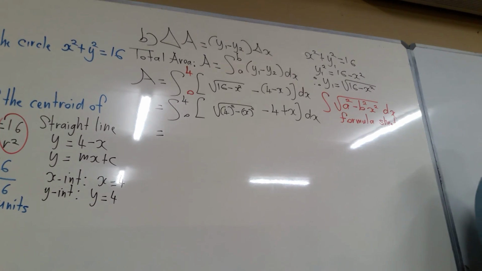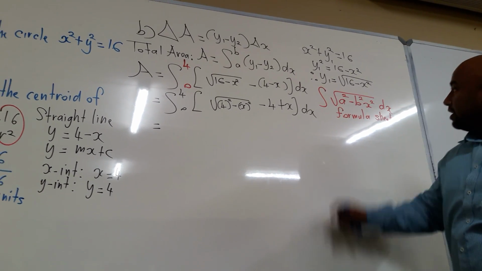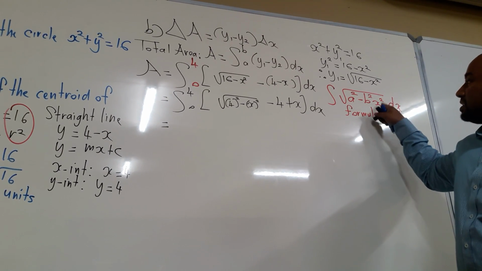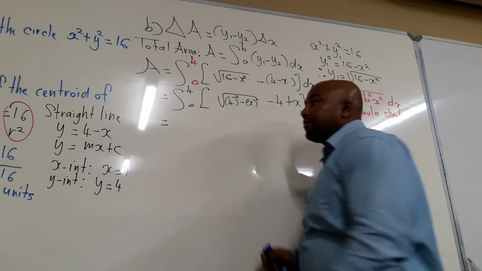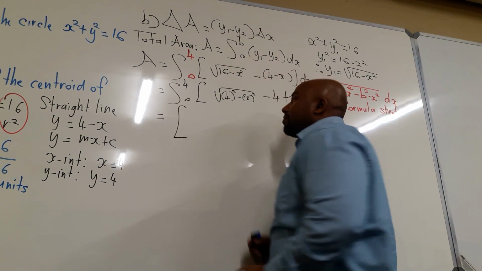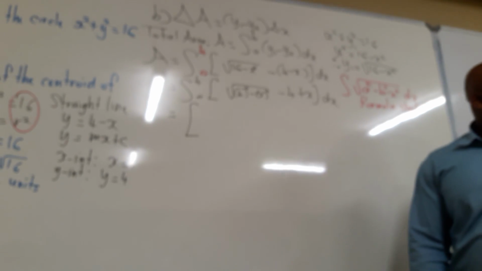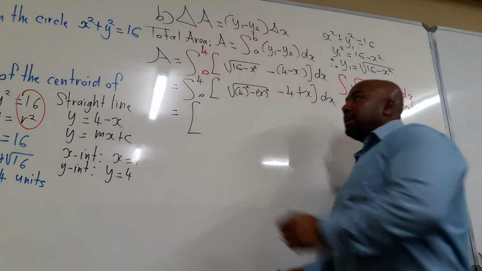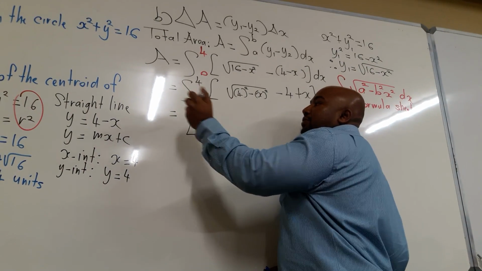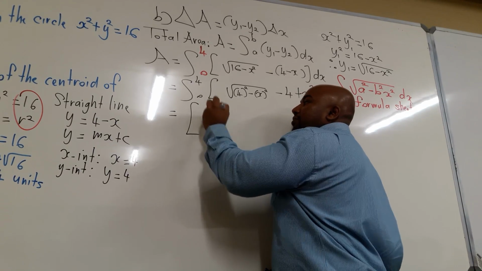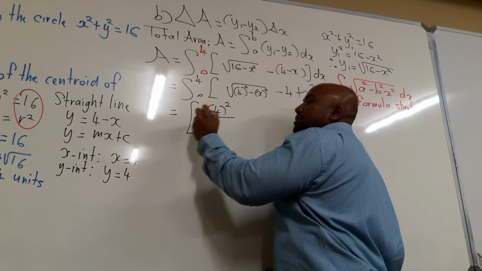Right, so that is integration by completing the square. A squared minus b squared x squared. So now, you go to your formula sheets. The formula is a squared, so that will be 4 squared all over 2 times b.